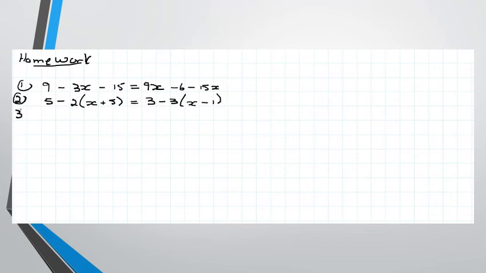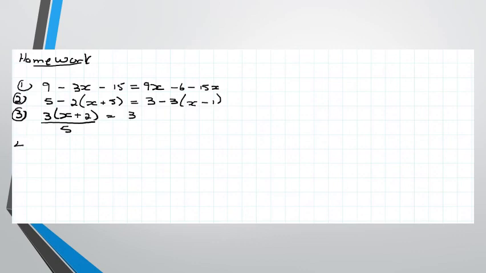Question number 3: 3 bracket x plus 2, everything divided by 5, equals 3.